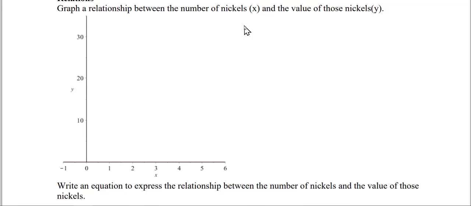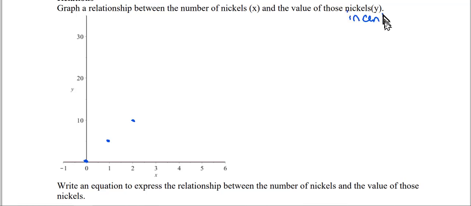But I could have 0 nickels, and the value of that would be 0. If I have 1 nickel, the value of that is 5. If I have 2 nickels, the value is 10. I guess I should be a little more specific here.